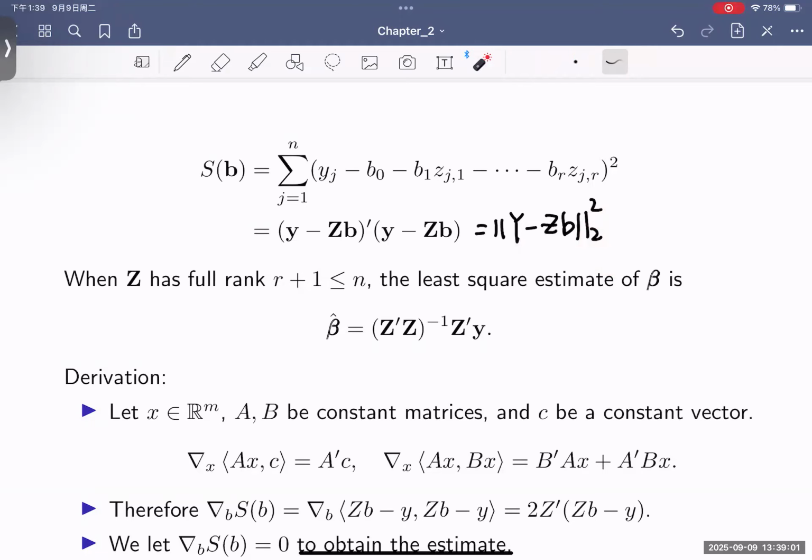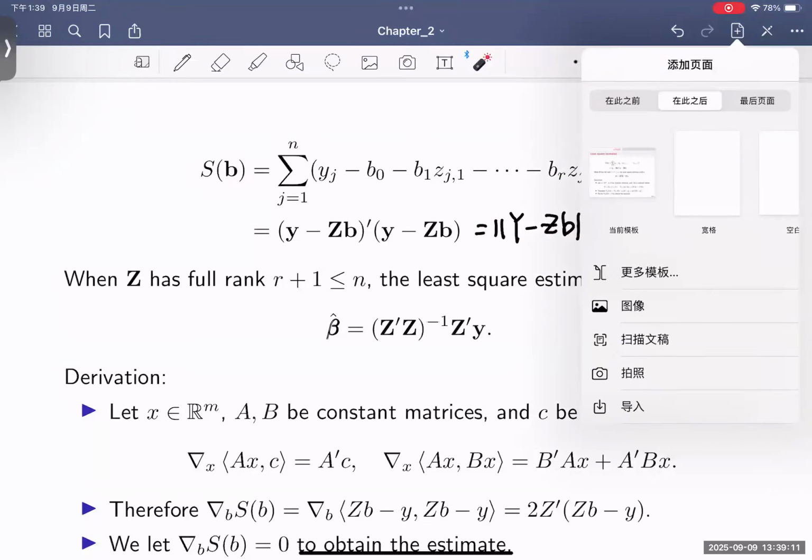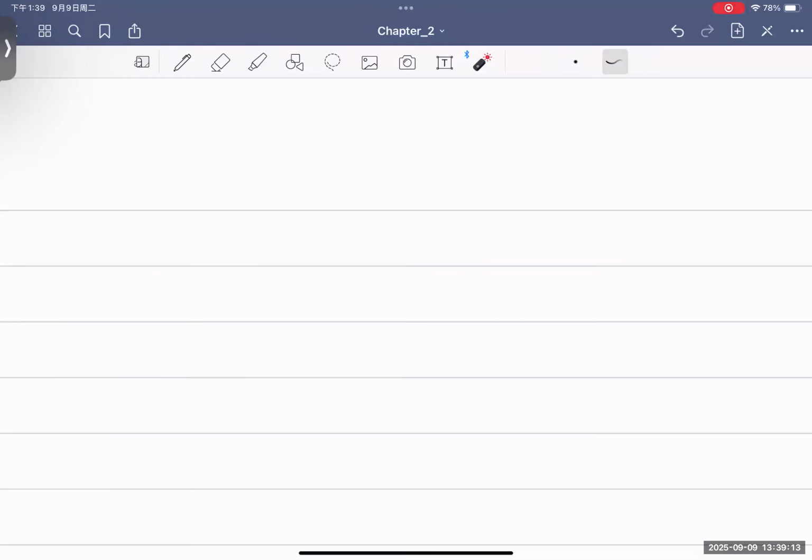And now our question is, this is our target function, and we want to find a b such that this is as small as possible. So maybe we can go to a new page. We have a function S, which is written as y minus Zb squared. And our target beta, we write down as beta hat.